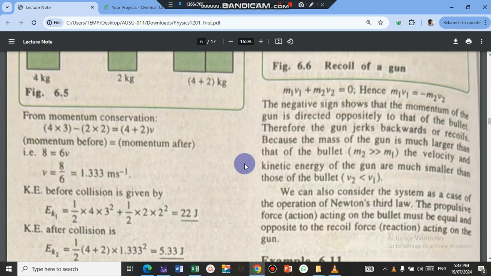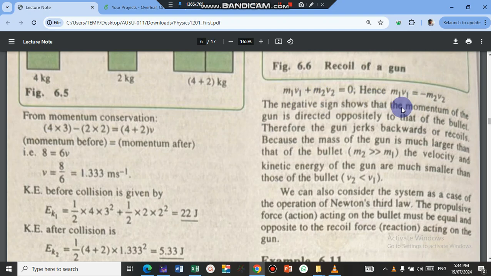So if momentum is conserved, the total momentum after collision is equal to the total momentum before collision, which is zero, of course. Hence, m1 v1 equals negative m2 v2, meaning if you take this one to the other side, you will say this is equal to negative m2 v2.